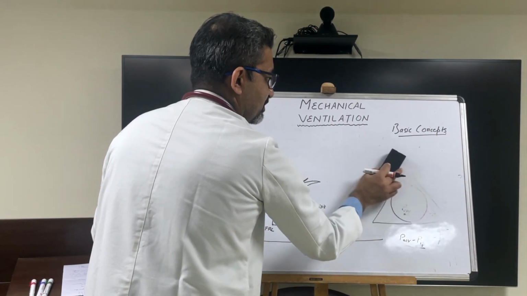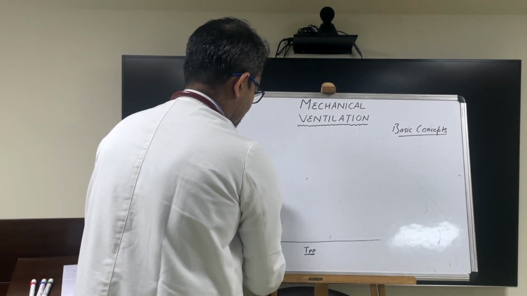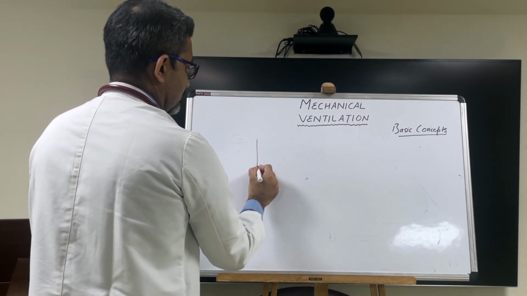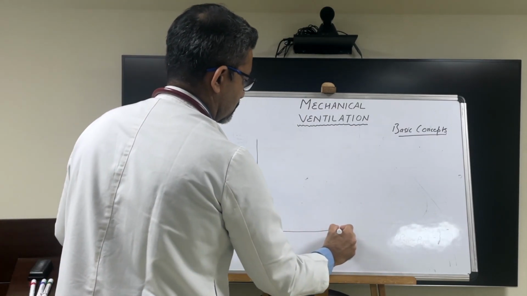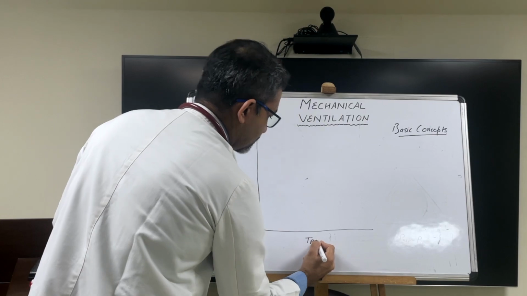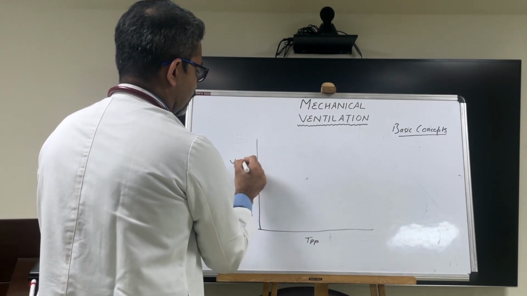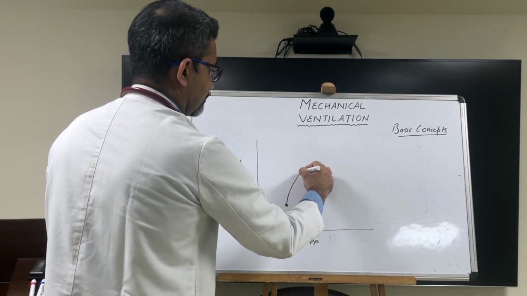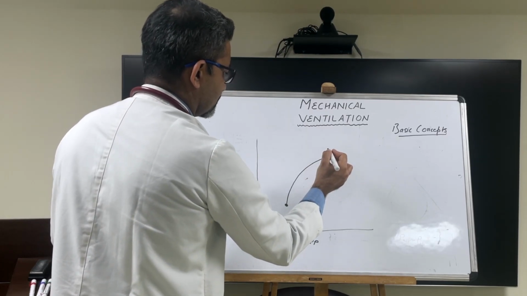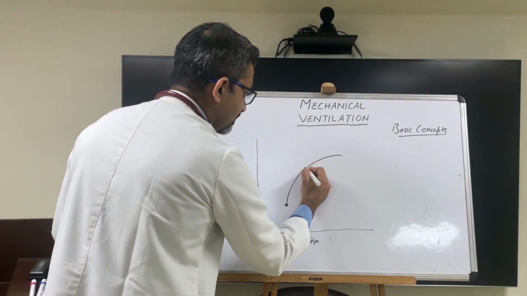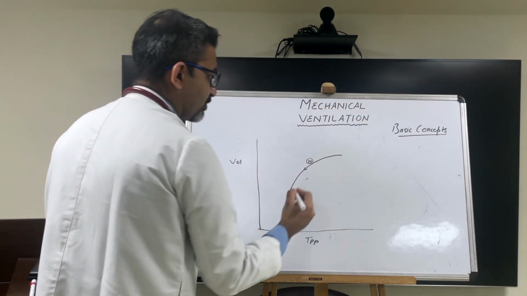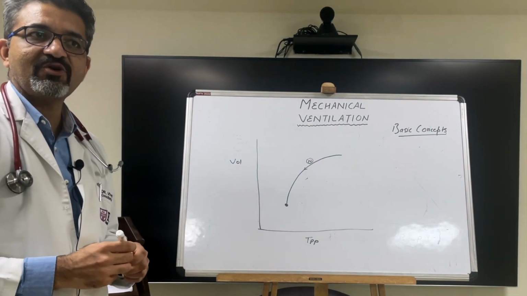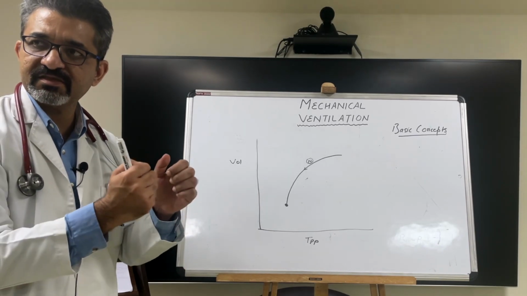So we'll just see an example. Suppose this is transpulmonary pressure, this is volume, and this is functional residual capacity, right? For simplification, we are using the expiratory curve only. So this is normal. Now suppose there is a patient who has a fibrotic lung. A fibrotic lung has poor compliance, it's a stiff lung.